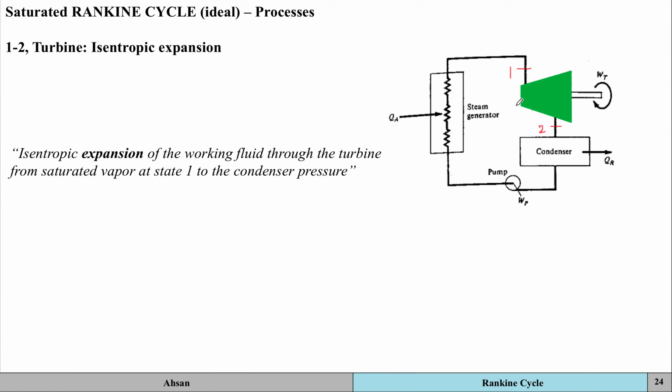Across the turbine, because it's an ideal cycle, it's reversible as well. So that means you've got a reversible, isentropic expansion of the working fluid through the turbine. Okay. And the exhaust at 2 is usually a 2-phase liquid vapor mixture.